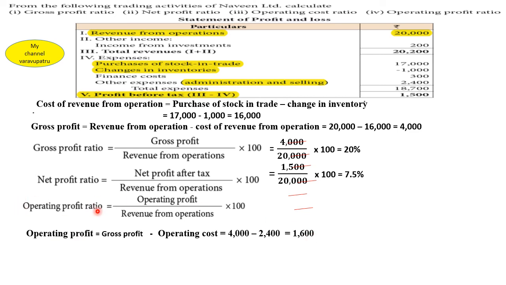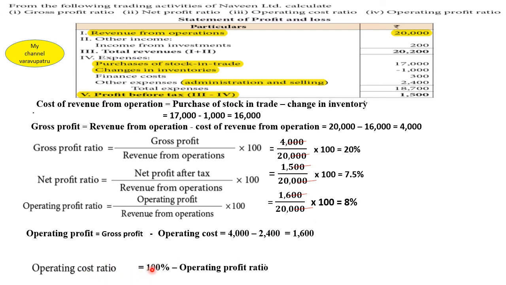So operating profit ratio is equal to operating profit by revenue from operation. 1,600 divided by 20,000 into 100 is equal to 8%. Operating cost ratio is equal to 100% minus operating profit ratio. Operating profit ratio is 8%. 100% minus 8% is equal to 92%. This 92% is nothing but operating cost ratio.